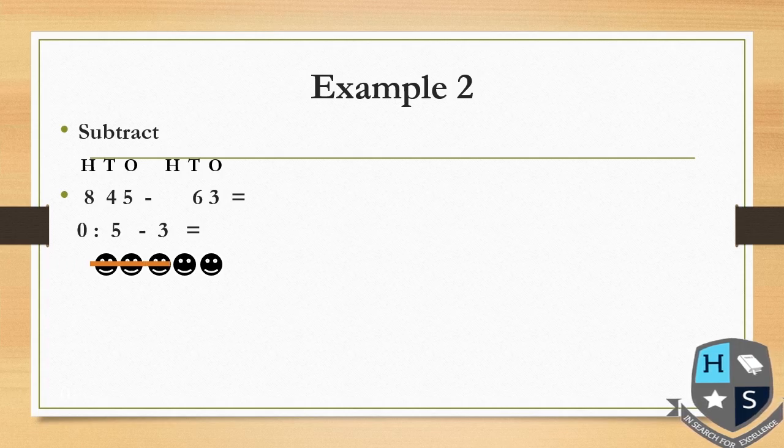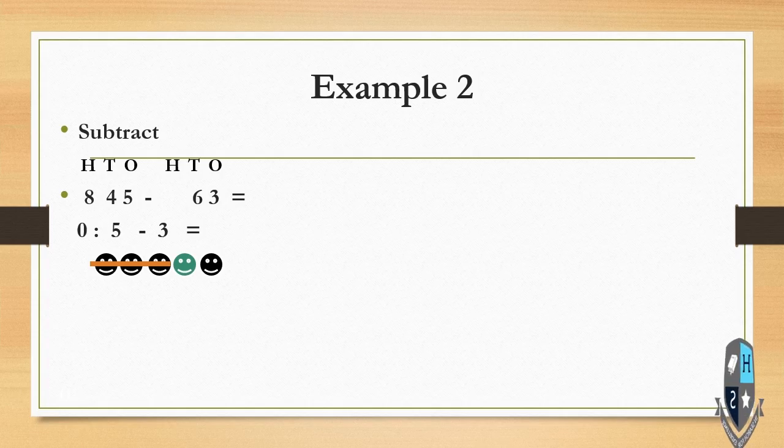After taking away 3 balls, we are going to count how many balls remained. We remained with 2 balls. We take 2 and write it in ones. Good. After writing the answer of ones, we are going to tens.